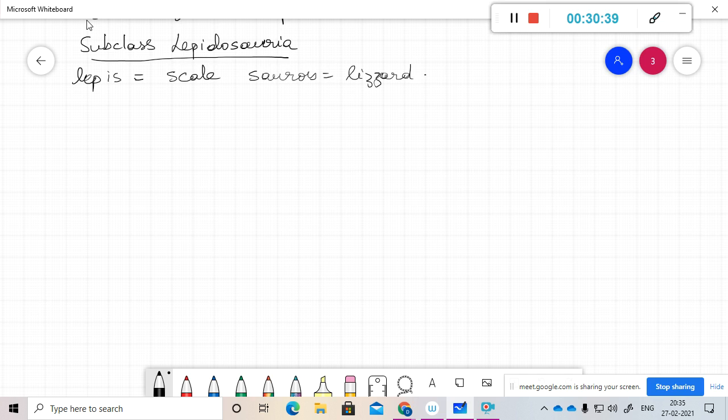Characteristic feature is the presence of two temporal vacuities, that is, two holes.